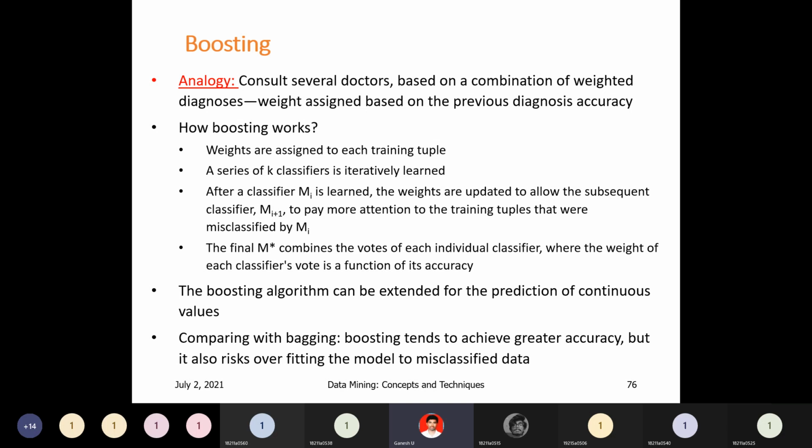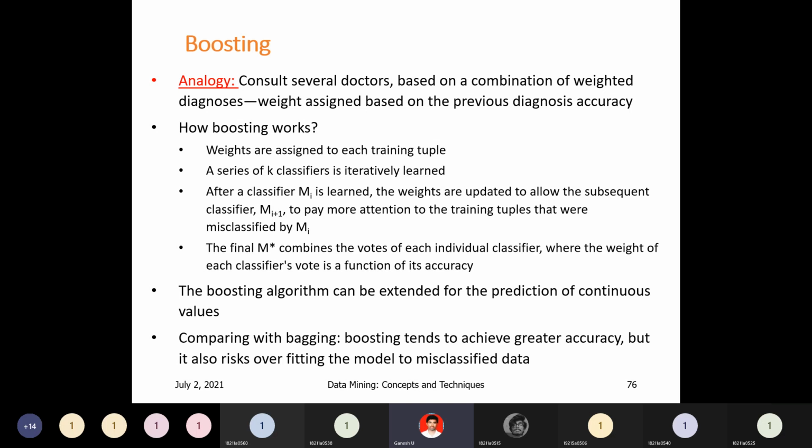Every time you do a number of iterations on the same data, that means overfitting.